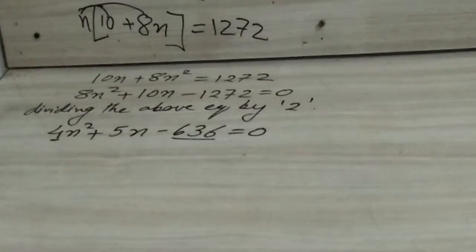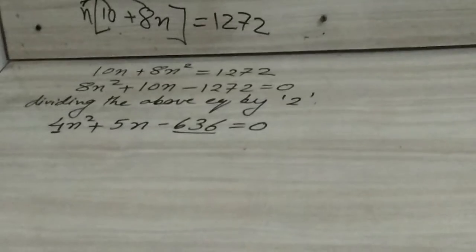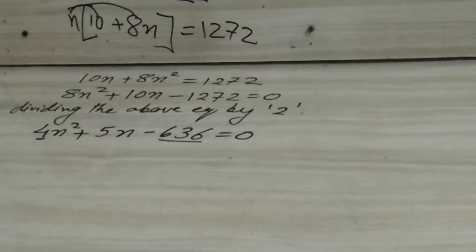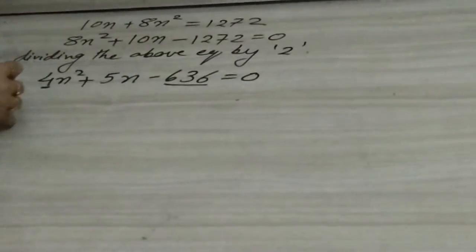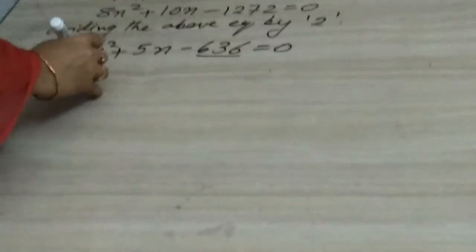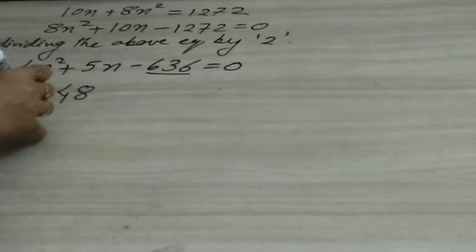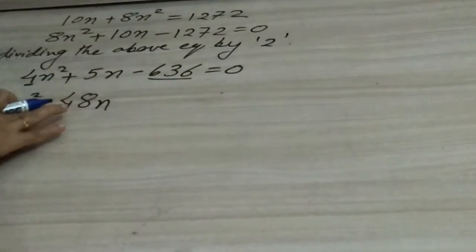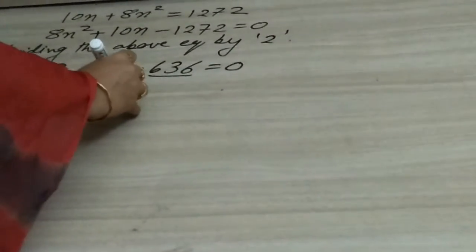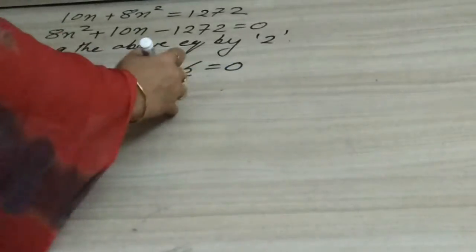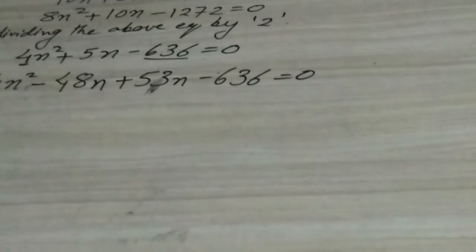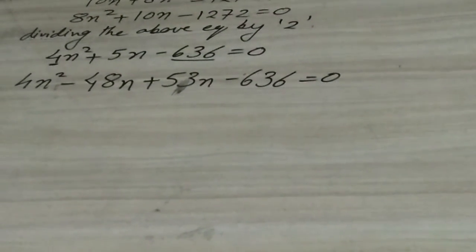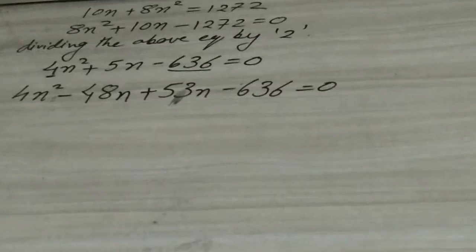When we do prime factorization, we will make 2 groups of numbers in such a way, like middle term splitting, so that we get 5n. So it will become 4n square plus 48n minus 53n minus 636 is equal to 0. Focus on the middle two terms. When we solve them, our answer will come automatically.